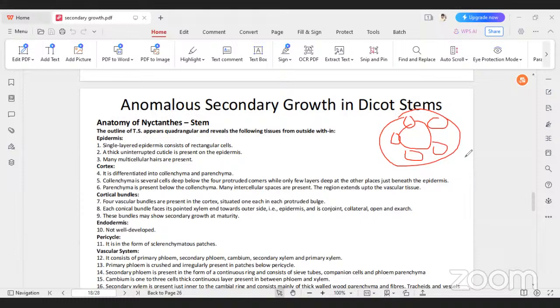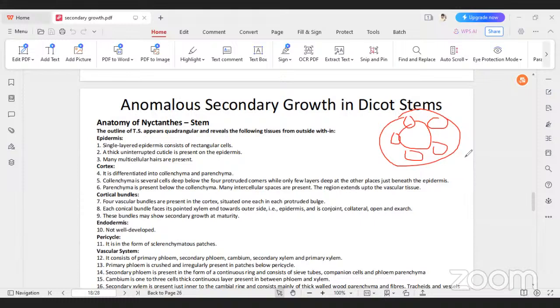Actually, in general, xylem is more than phloem. But if this condition is reversed, that is abnormal. And polystelic condition: actually one stele is there. If more than one, that is polystelic condition, which is also abnormal. And occurrence of internal vascular bundles. They are all abnormal characters.